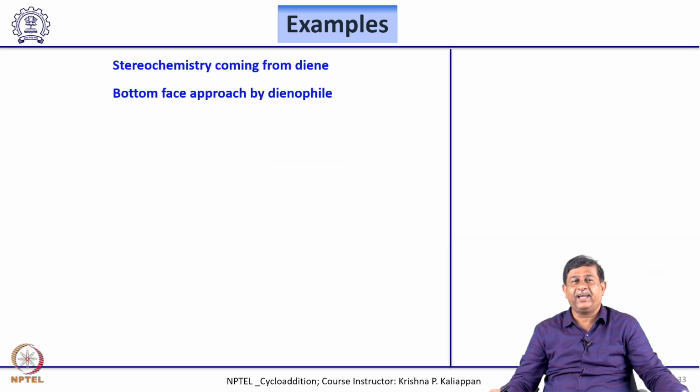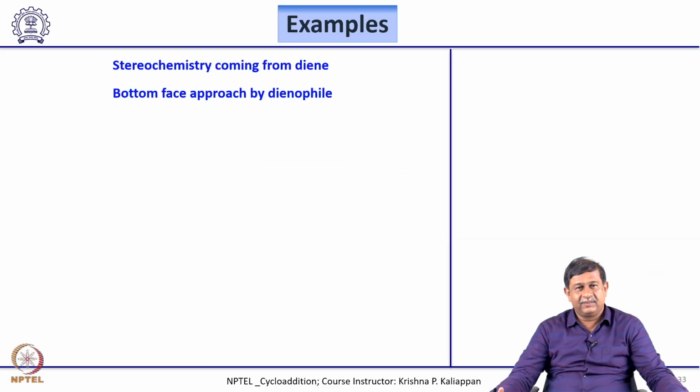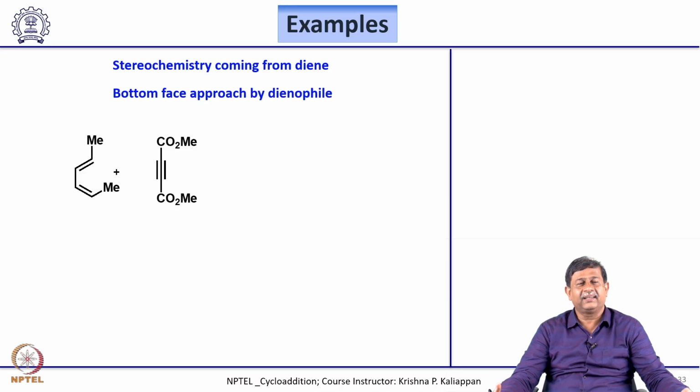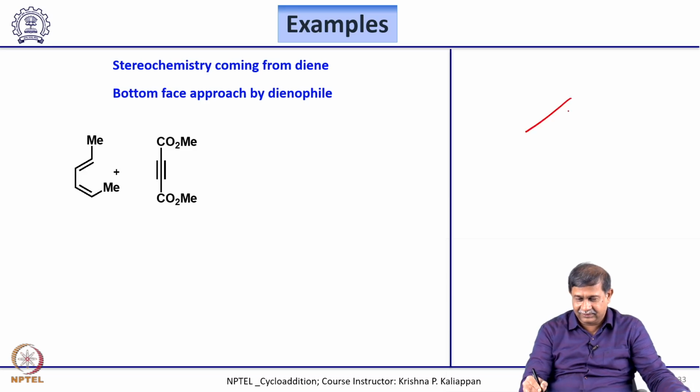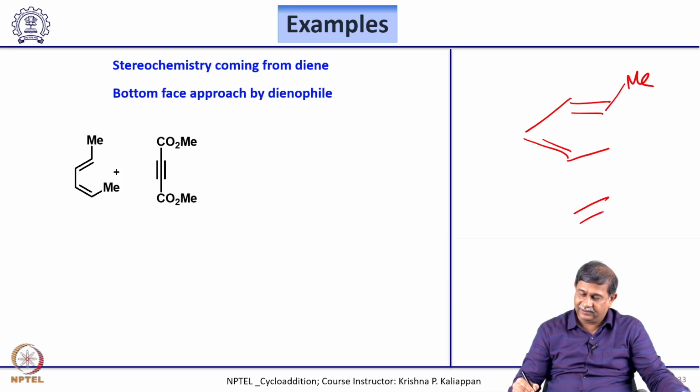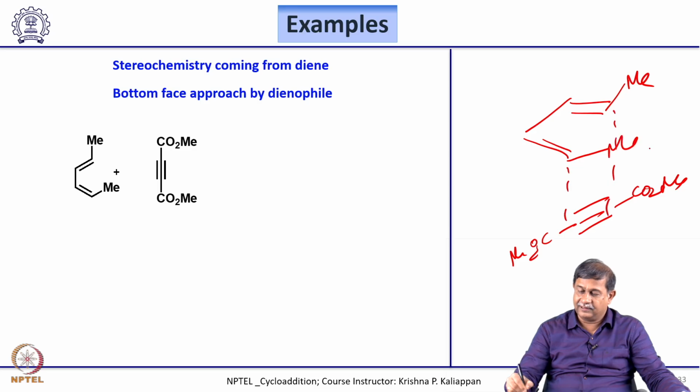So now we will stop today with 2 examples, and first assume that the dienophile approaches the diene from the bottom face, okay. So now you have this diene, okay, then your dienophile approaches from the bottom face, okay, this is what you get.